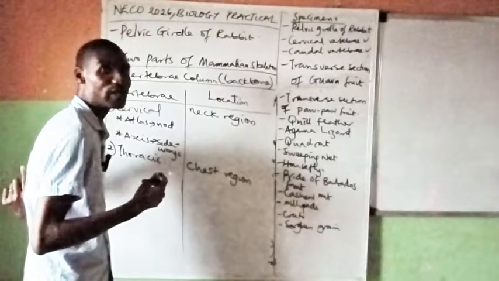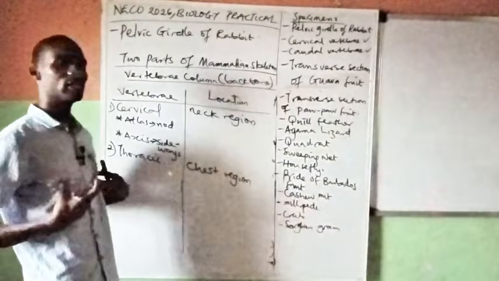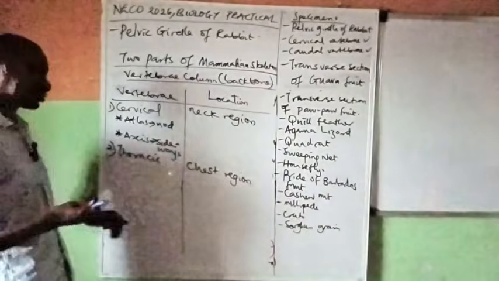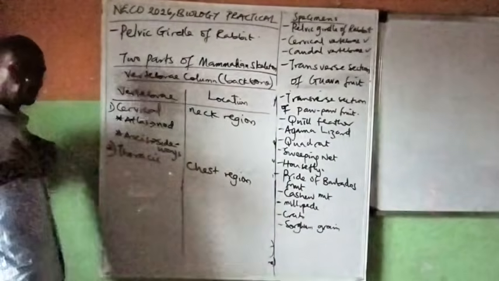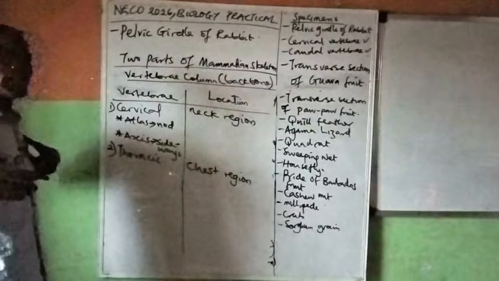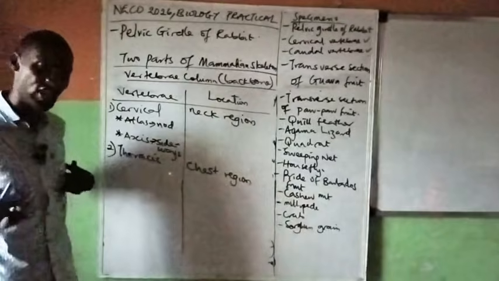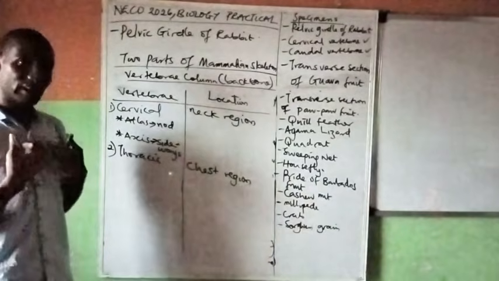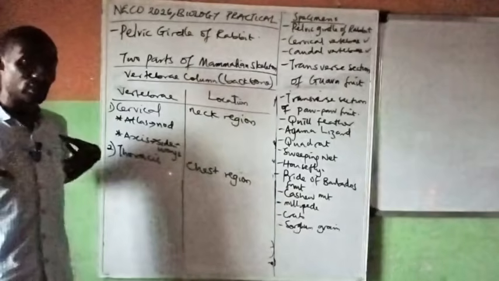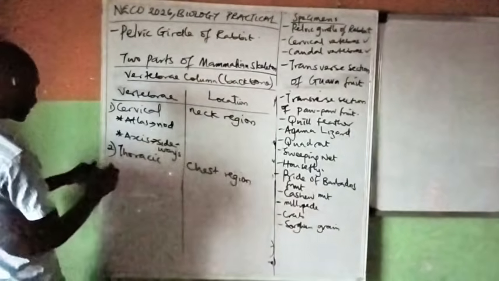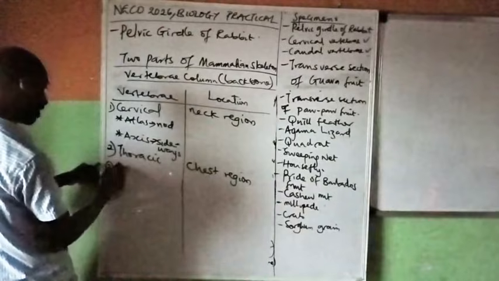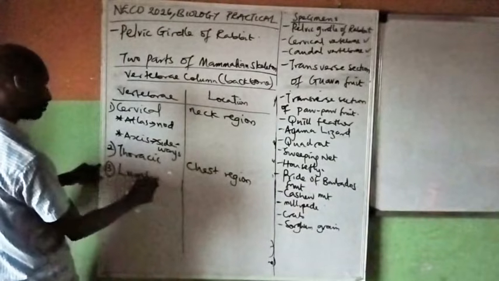So the bones at the back that connect to the chest region, that is the thoracic, and of course it makes up the thoracic cavity as well. The thoracic cavity includes your rib cage, the sternum, which is the breastbone, which is in between the ribs. And then the third one is the lumbar.